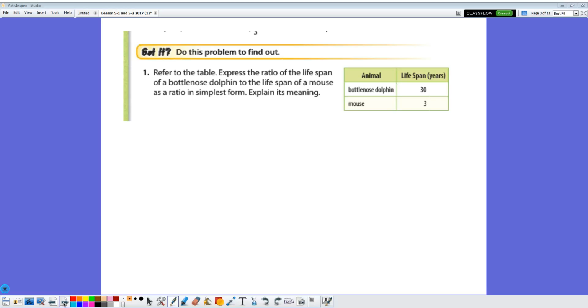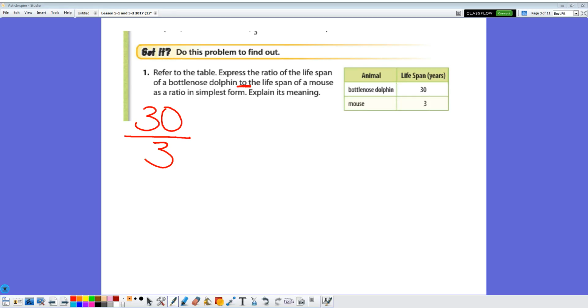So number 1 says, refer to the table. Express the ratio of the lifespan of a bottlenose dolphin to the lifespan of the mouse as a ratio in simplest form. Okay, so that means since the dolphin came first, I need to put it in the numerator, and I'm going to put the mouse in the denominator.